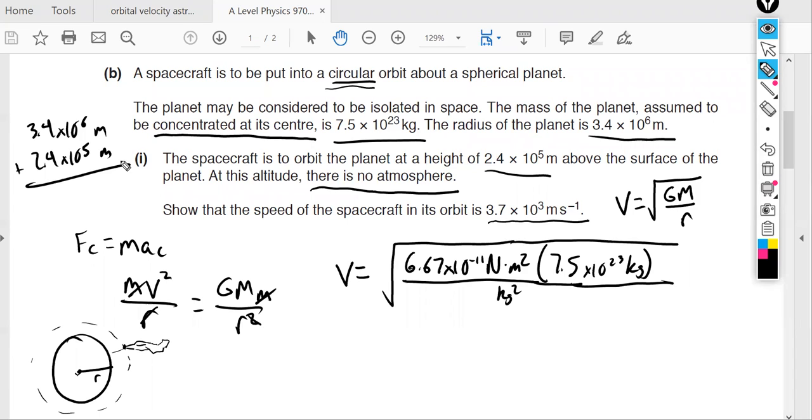Add to that 2.4 by 10 to the 5 meters, that's 240,000 meters. And that gives us 3.64 by 10 to the 6 meters.